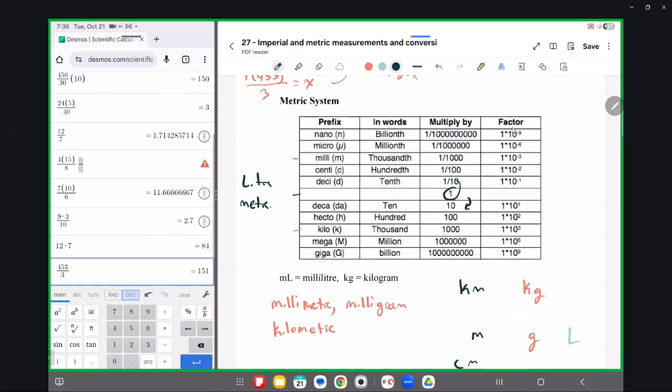There are 100 meters in 1 hectometer. There are 1,000 meters in 1 kilometer. And then from there, you get quite large. There are a million meters in 1 megameter, capital M, and there are a billion meters in something called a gigameter, capital G.